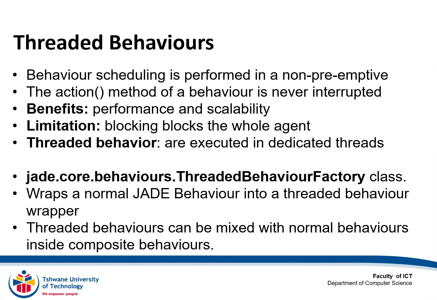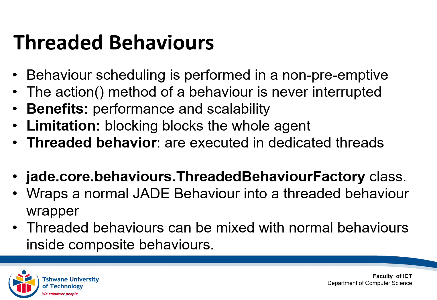Having spoken of composite behaviors, the next type of behavior I want to talk about is threaded behavior. People who have done advanced Java will know about threading in Java. When you talk about behavior scheduling, particularly with threaded behavior, it is performed in a non-preemptive fashion.